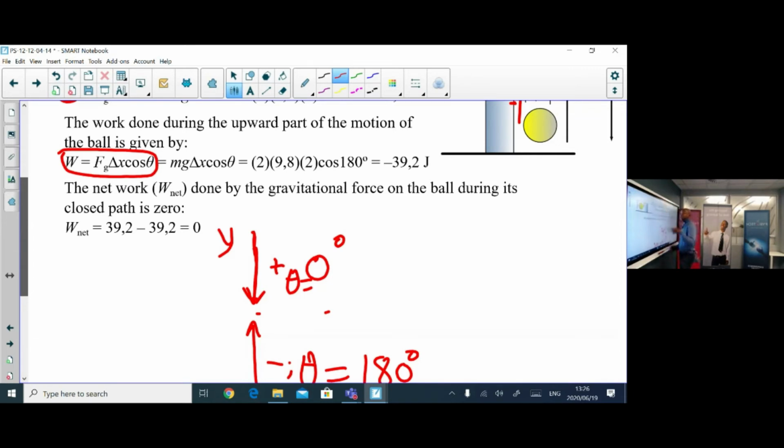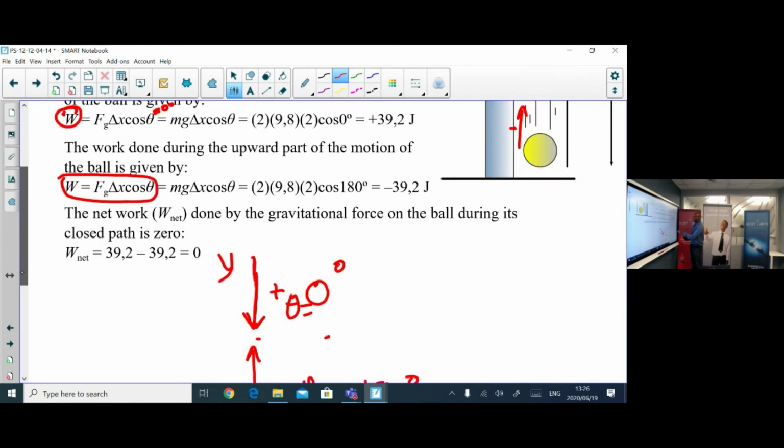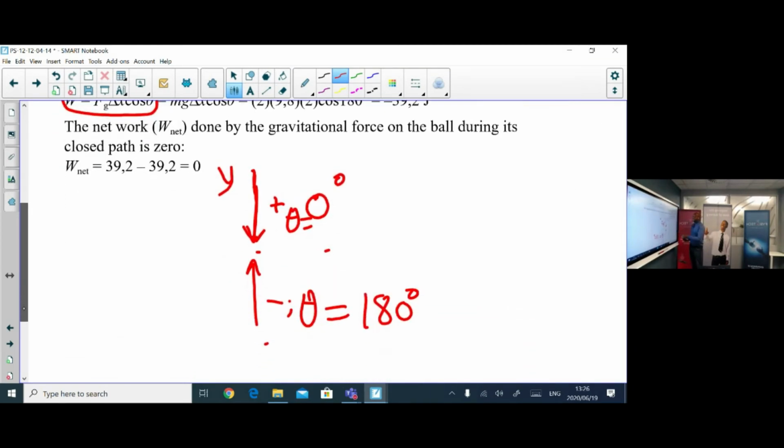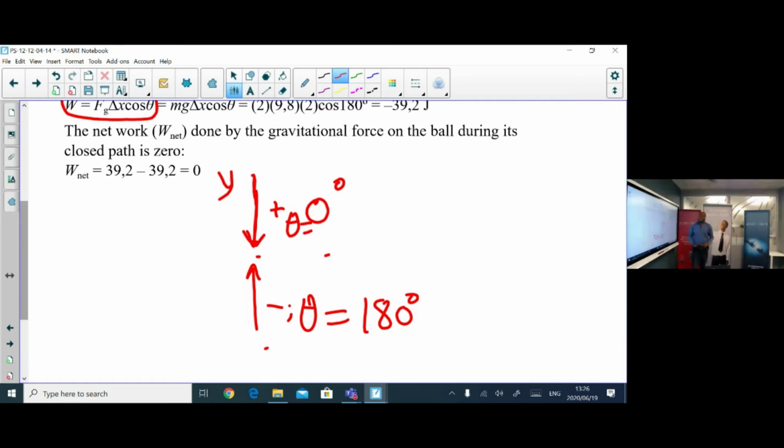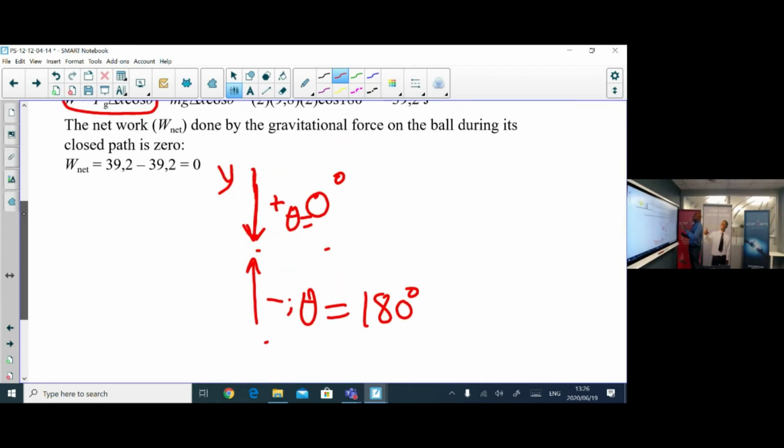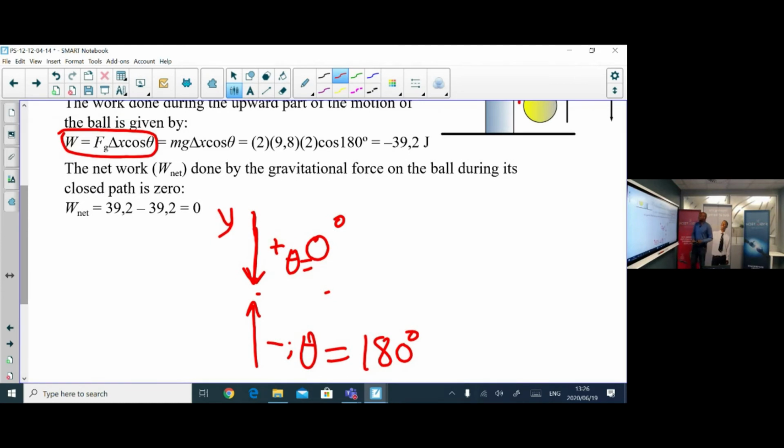In other words, if going down is positive, because we decided that going down is positive, of course, going up is going to be negative. That is why you have to go back and say, if I need a negative, what am I supposed to do? According to the x-axis, we have 0 and 180. That is why I decided to say theta is equal to 180. Now go back to the formula: W is equal to the product of F sub G, change in x, cos theta.